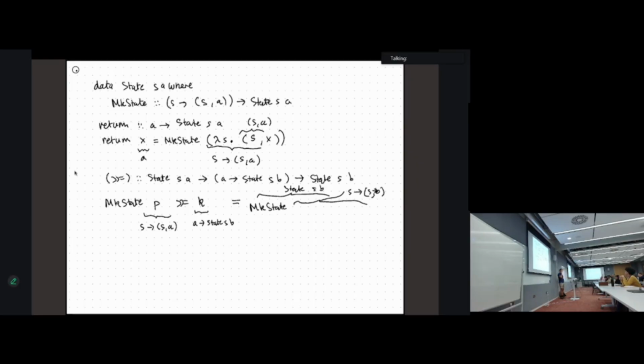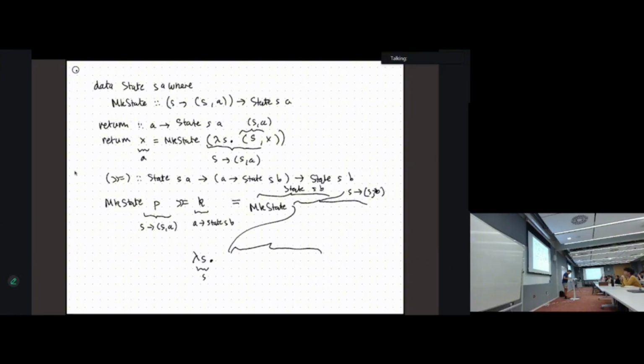All right, how am I going to feed it something of type S to S, B? Well, I have to make a lambda because I don't have to make functions in any other way. So put it here, lambda S of type S.